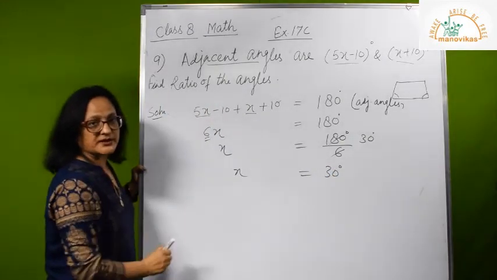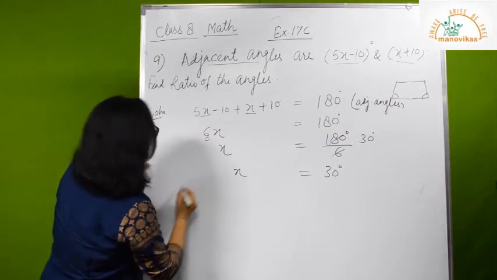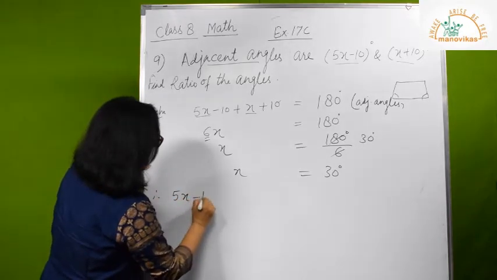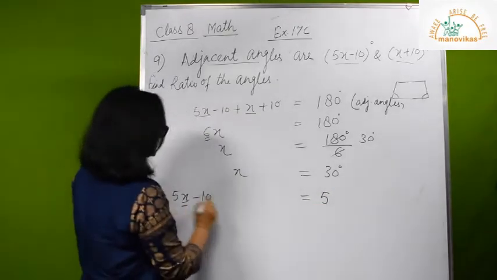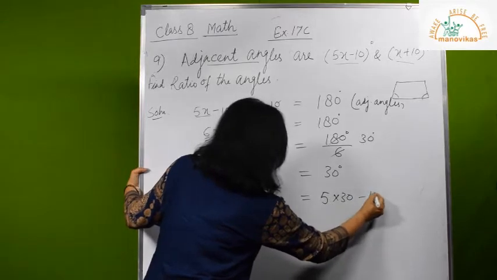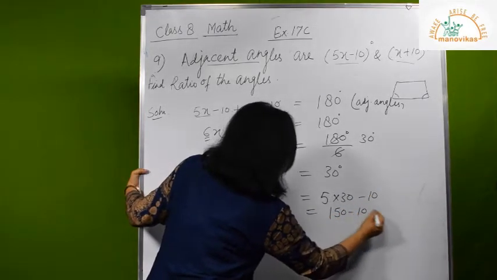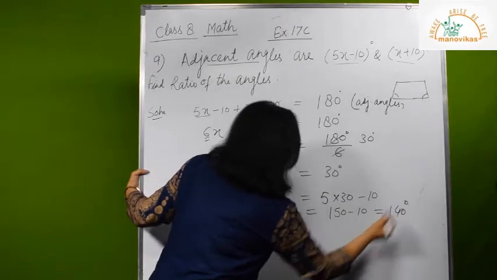Now this value of x, you will substitute in both these variable angles. Therefore 5x minus 10 is equal to, put the value of x here, 5 into 30 minus 10. So 5 times 30 is 150, minus 10. So the first angle we have found here is 140 degree.